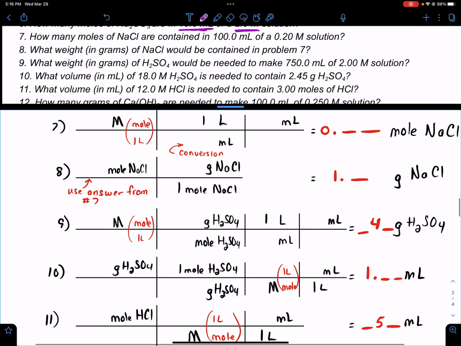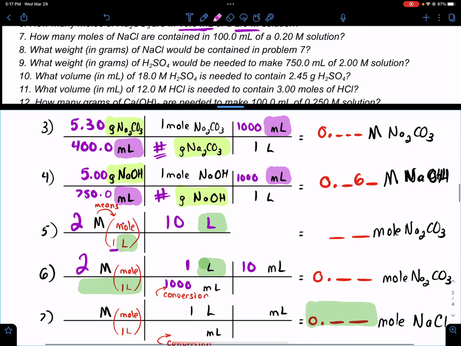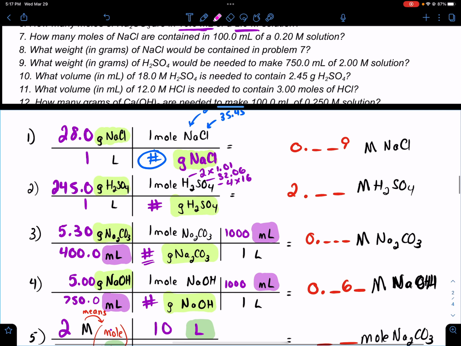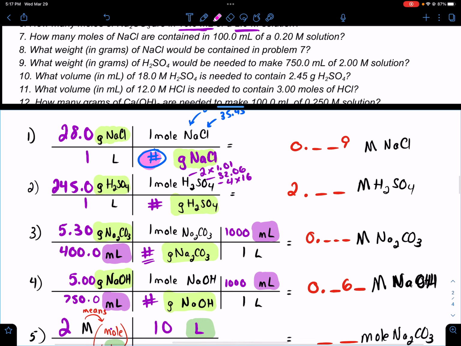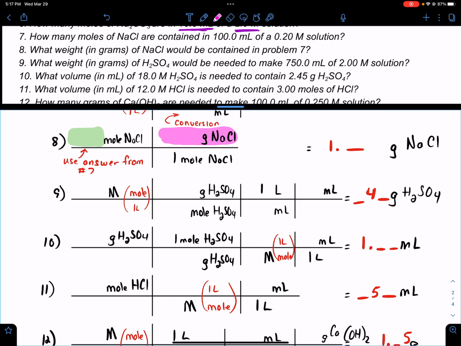Whatever you get from answer number 7, you're going to put that number right here, and then just get your molar mass of salt, and you should have that from question number 1 right here. So you should already have that number, and you can just plug it in. Don't reinvent the wheel. Use the number that you already have.